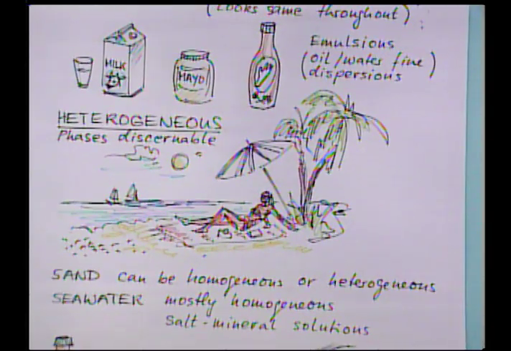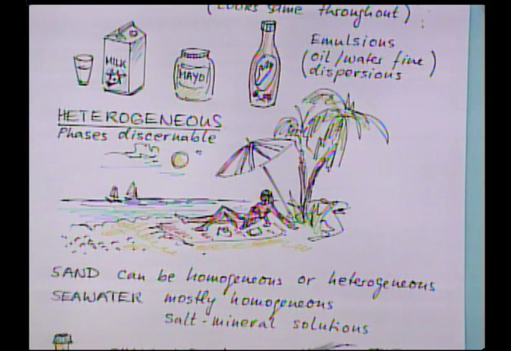Heterogeneous mixtures are observable to the naked eye as being separate things. So if we see here this lady on the beach, what are mixtures around her environment? Well, the seawater, when you look at it, seems pretty uniform. If you would study it under a microscope, of course it would be quite heterogeneous, but with the naked eye it seems pretty homogeneous to us, unless there's a lot of seaweed floating around.